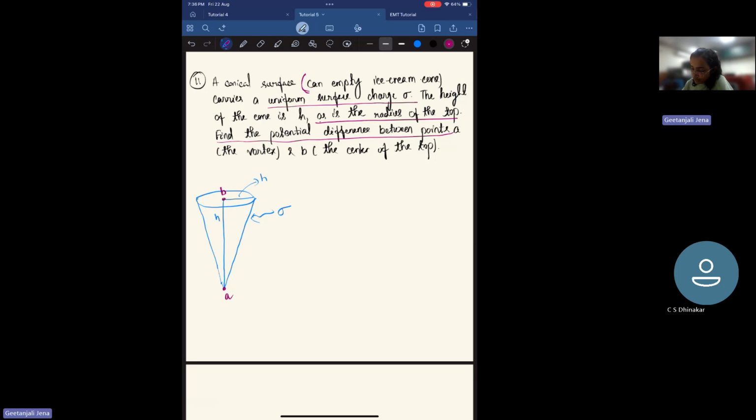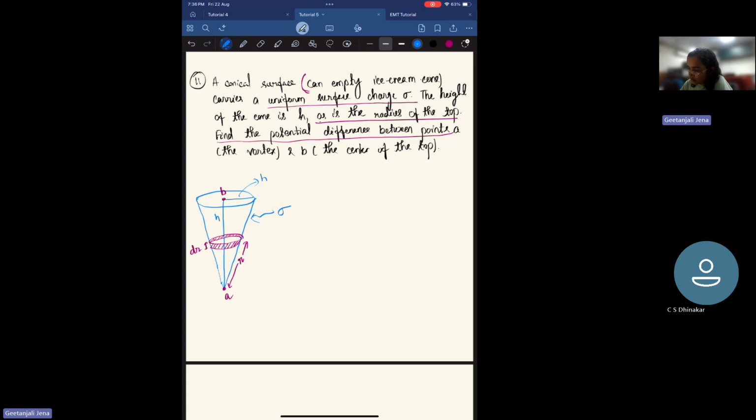So the steps are the same. You need to take a small charge element. So let us take a small charge element at a distance, let us say this is R, and this has thickness dr. It will be a circular charge element.